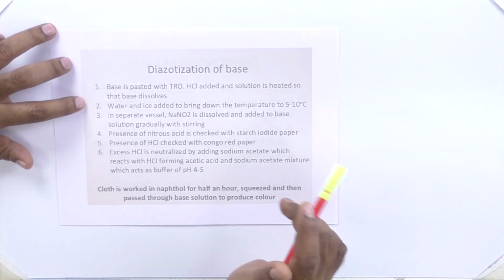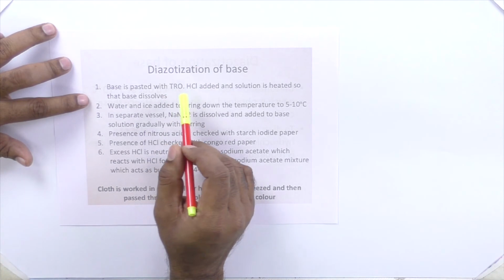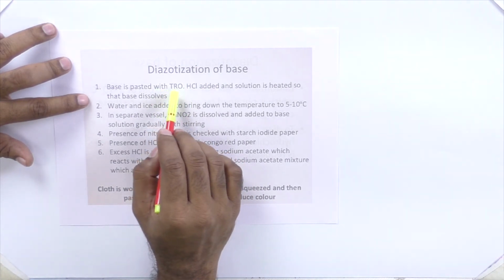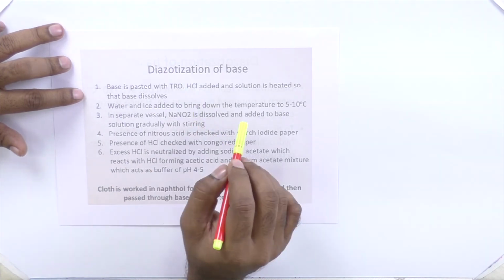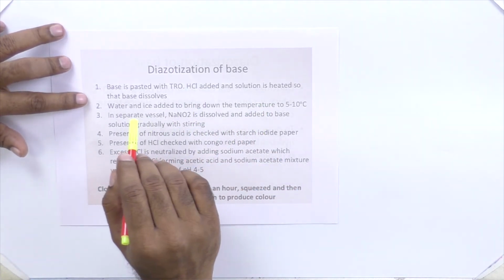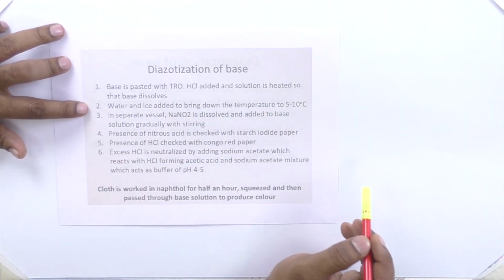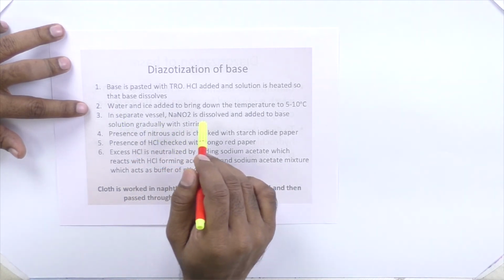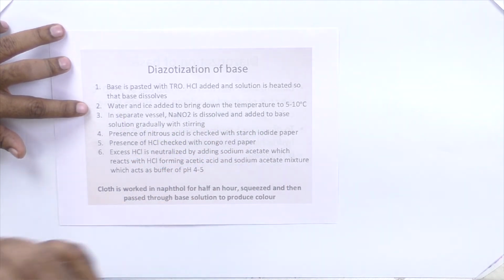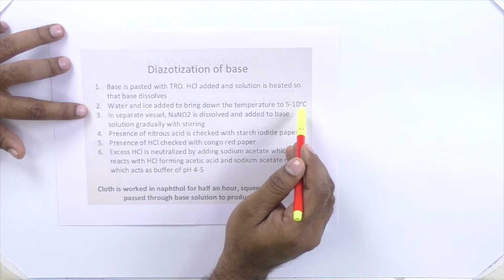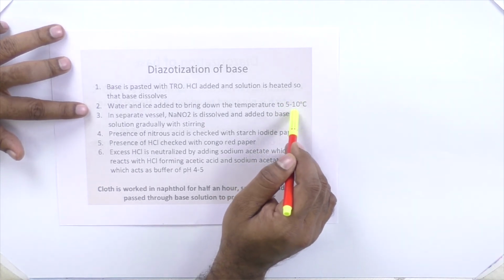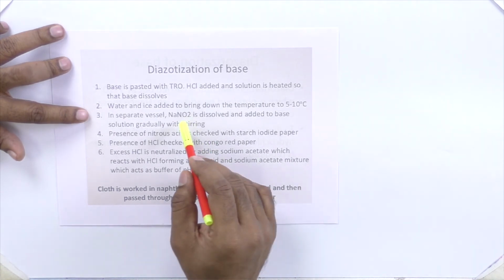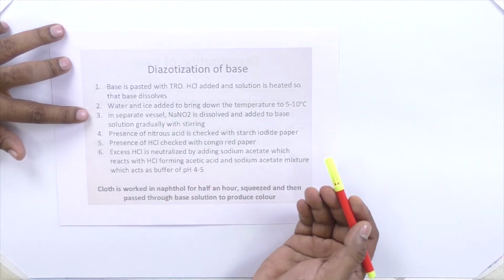For diazotization of the base, first you paste the base with TRO, Turkey red oil, and add HCl solution and heat it to dissolve the base. Water and ice are added to bring down the temperature to 5 to 10 degrees Celsius, though in practice in India they keep 18 to 20 degrees Celsius. The sodium nitrite is dissolved separately and added to the solution.